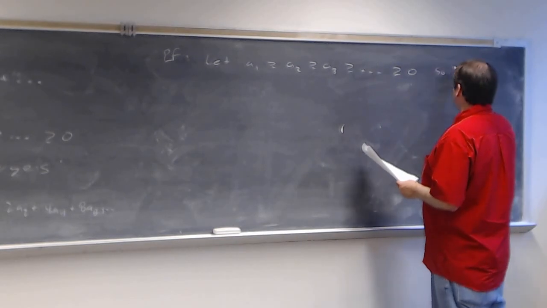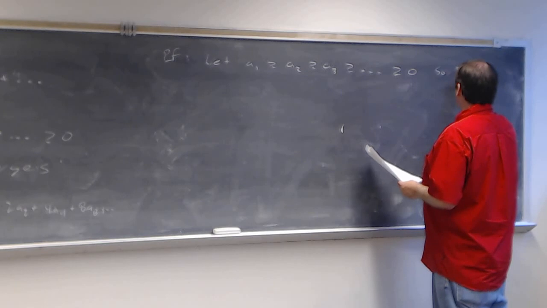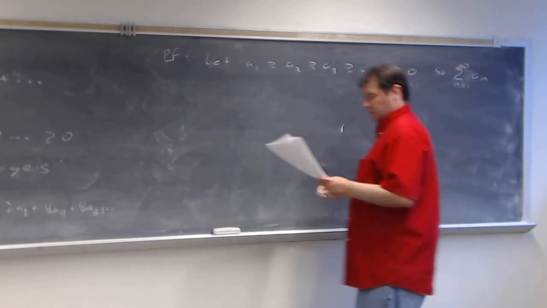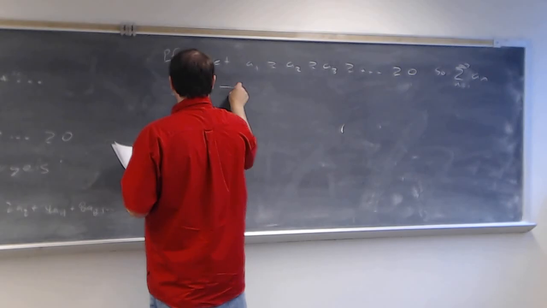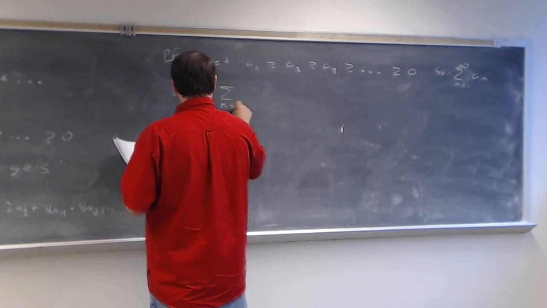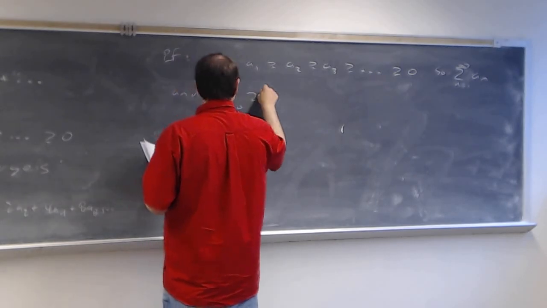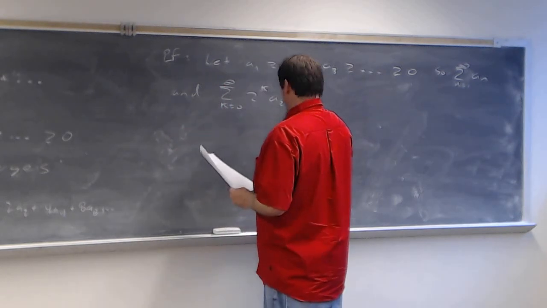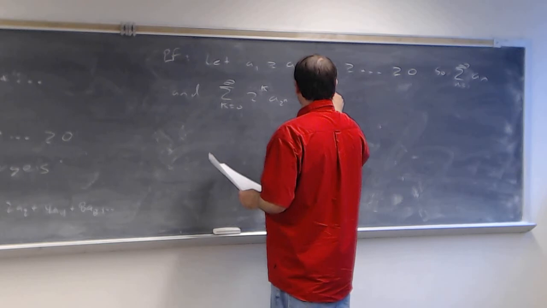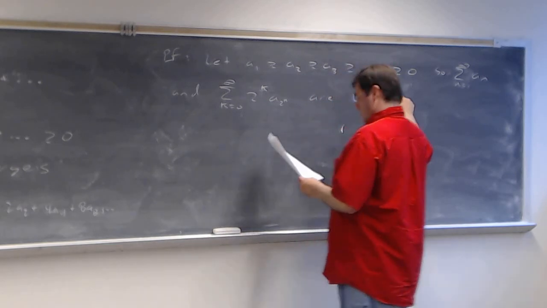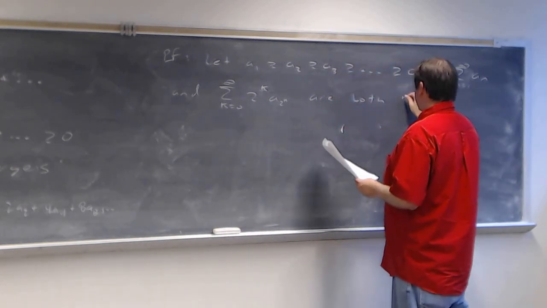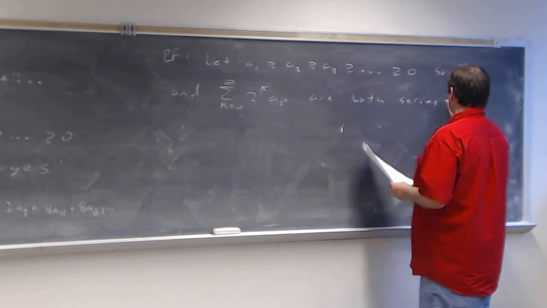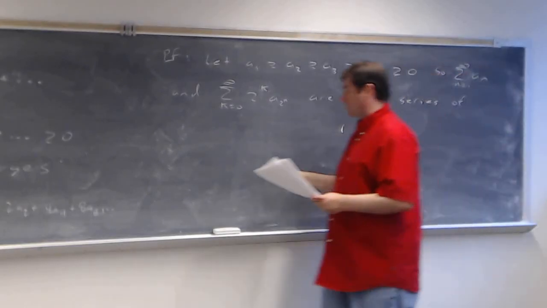And what I'll say is that this sum, as n runs from 1 to infinity of a sub n, and this series, k runs from 0 to infinity of 2 to the k times a sub 2 to the k, are both series with non-negative terms.